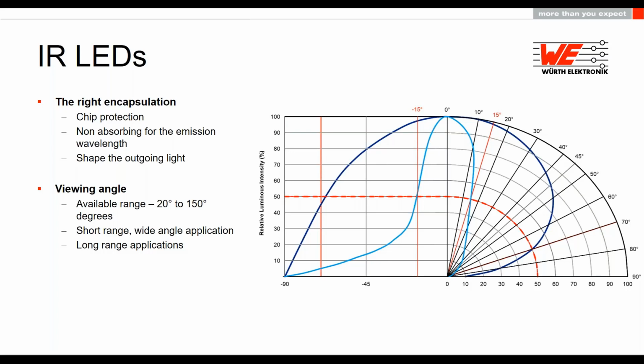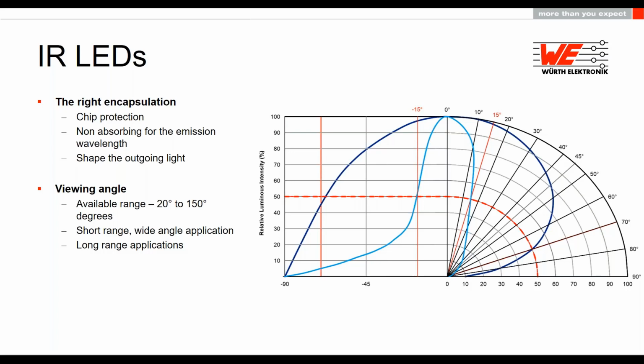Or in other words, can I use my emitter to shine over a very long distance, but in this case also illuminating, irradiating more or less a very narrow area. As you can see, the dark blue curve, with a very narrow viewing angle, has a very high illumination.